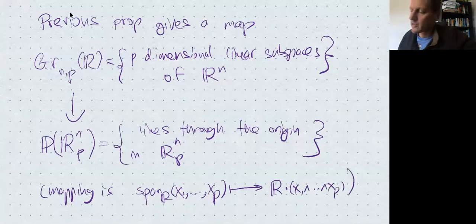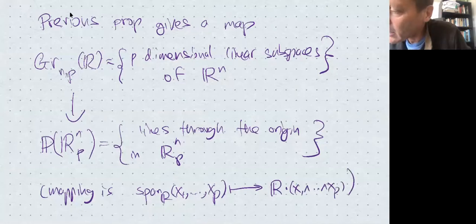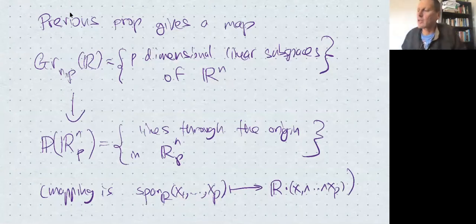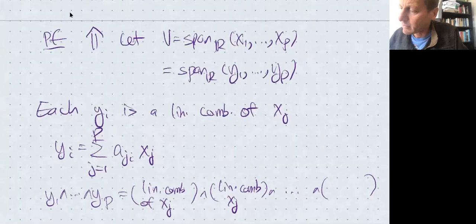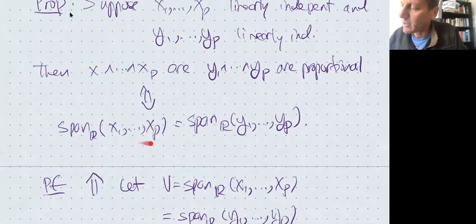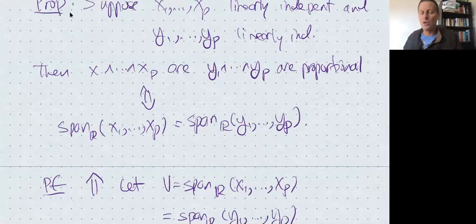By the previous proposition, if we take two different expressions giving us the same p-dimensional linear subspace, then this map is well defined. It doesn't depend on the choice of the basis. That's one part of this statement. If you have two different bases for the same linear space, you get two vectors which are proportional.